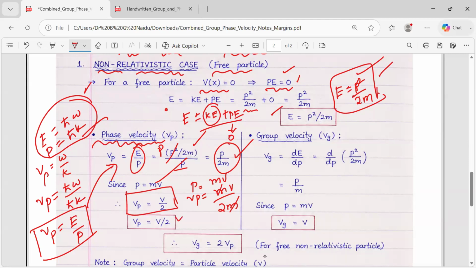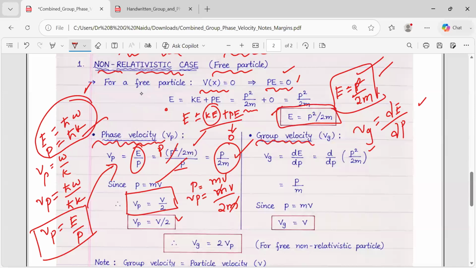Now we can look at the group velocity. We know that group velocity Vg equals dE by dp. In the case of a free particle, it has only kinetic energy, which equals p square by 2m.